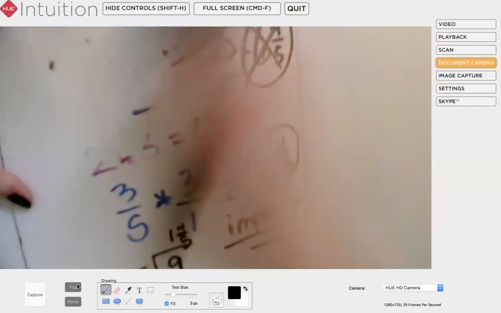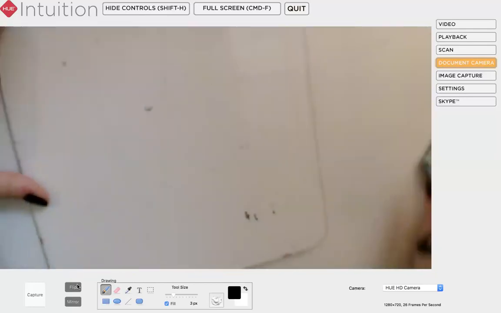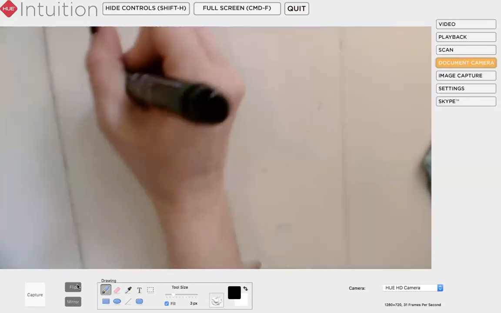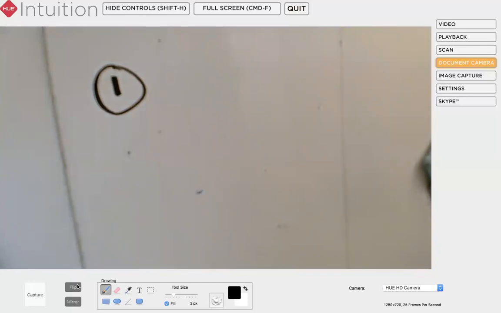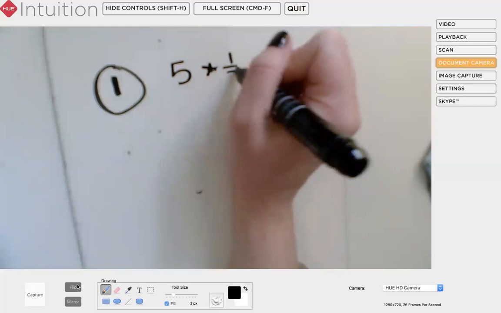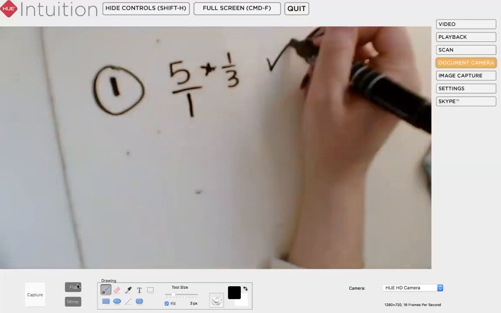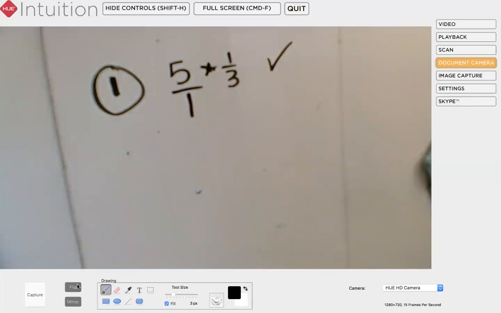Okay? So we've learned today some steps on how to multiply a mixed number times a whole number. The first thing that we learned is we can take a whole number times a fraction and we can put it over 1 so that we can multiply. That's the first thing that we really reviewed today.